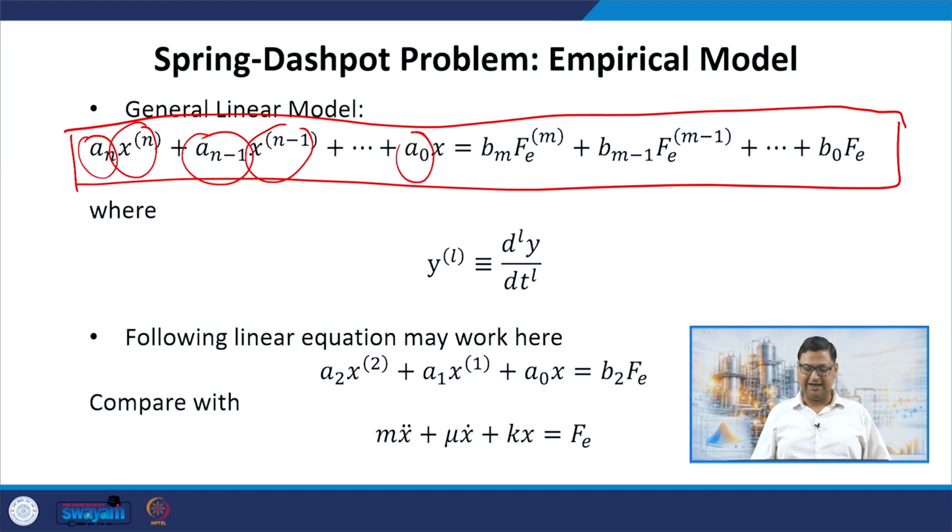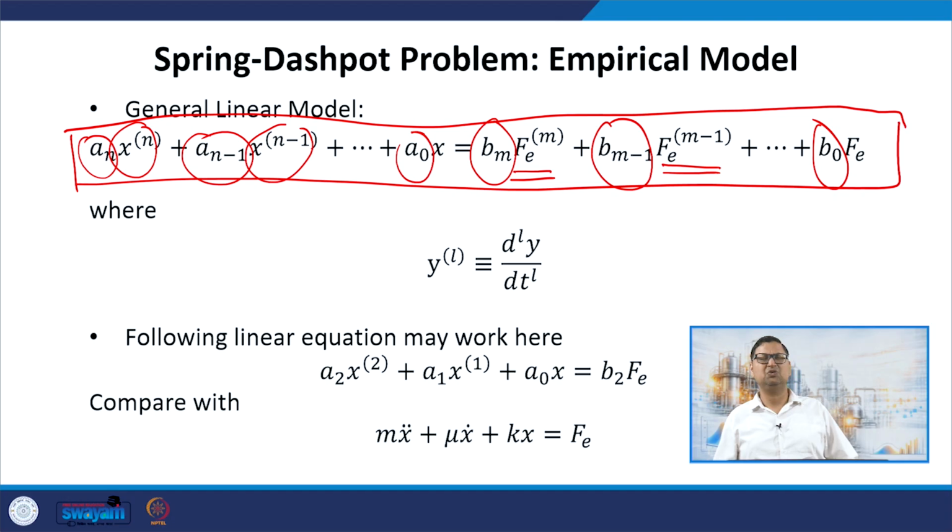And on the right hand side, again we have some empirical parameters that one has to evaluate by fitting, and fe^(m) again is the mth derivative of fe with respect to time, and fe^(m-1) is the m minus 1th derivative with respect to time, and so on and so forth, right.